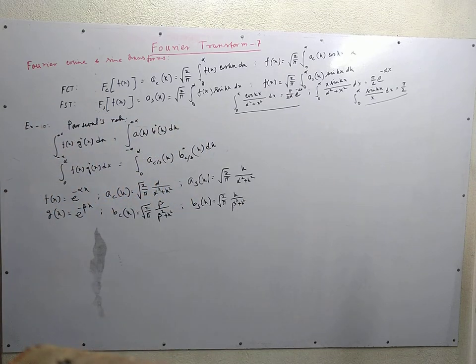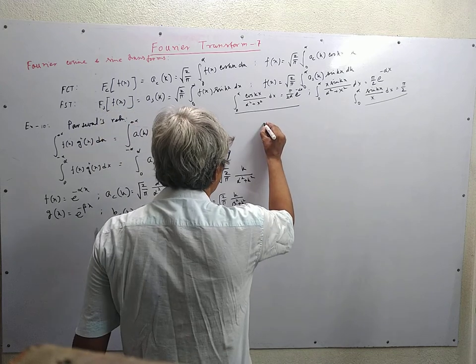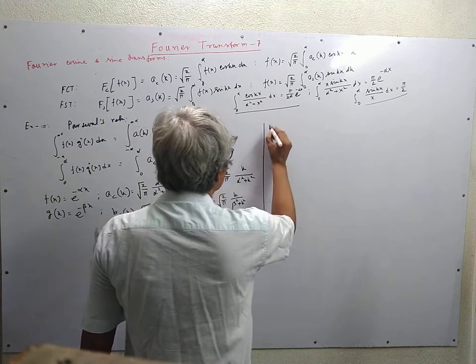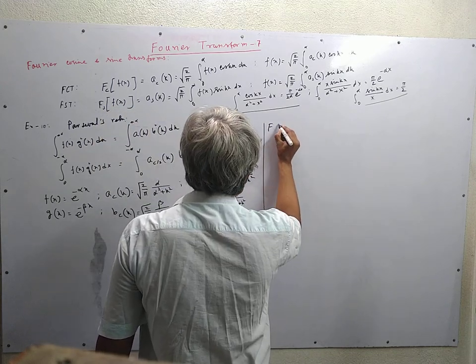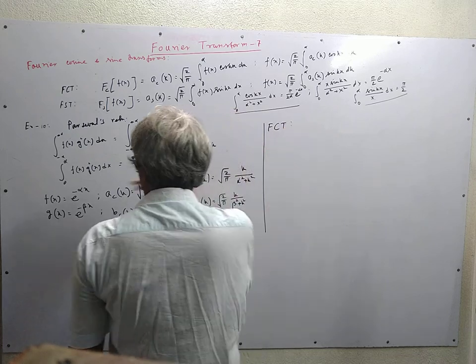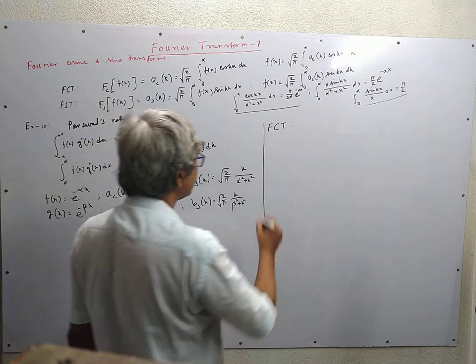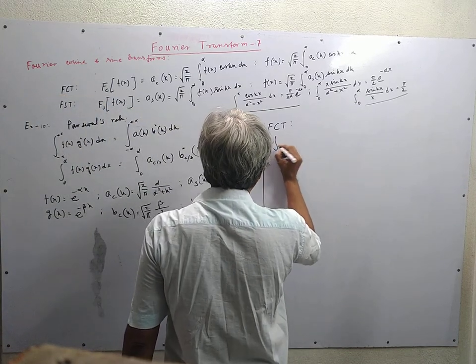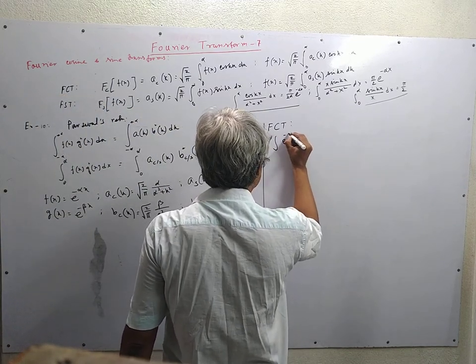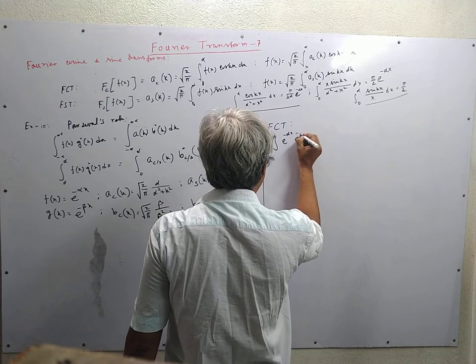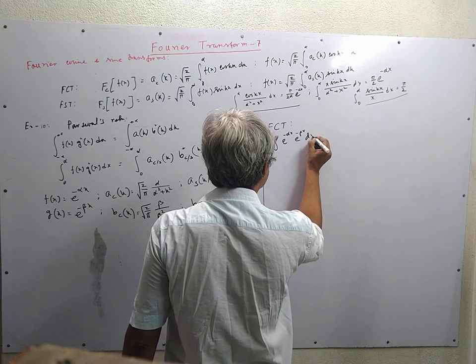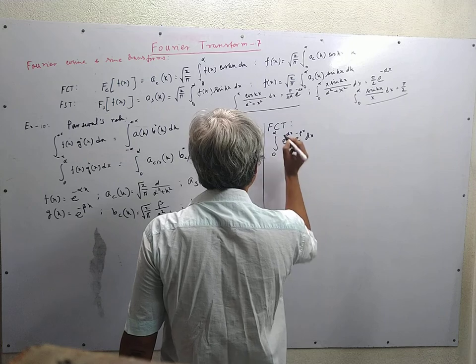Now since beta is real and g is a real function, g star is g. If we apply this theorem for the Fourier cosine transform, the left hand side is the integral of e to the power minus alpha x e to the power minus beta x dx from 0 to infinity.